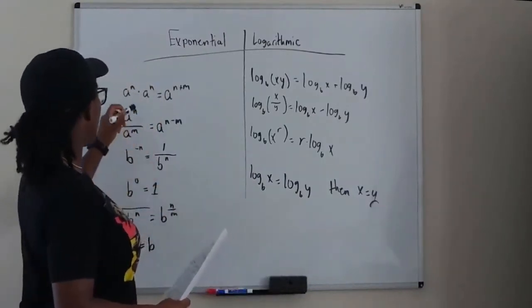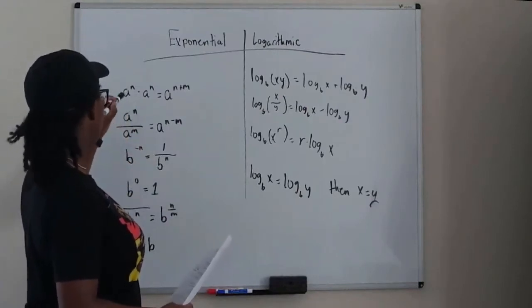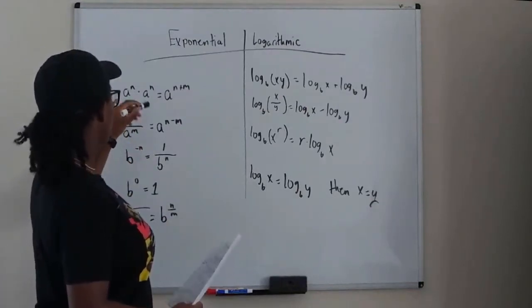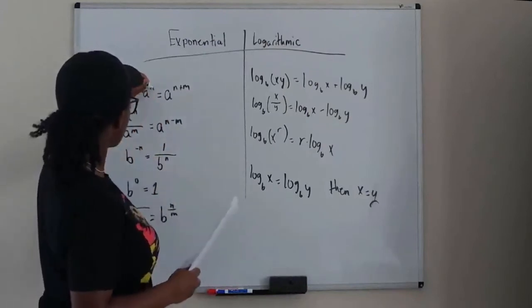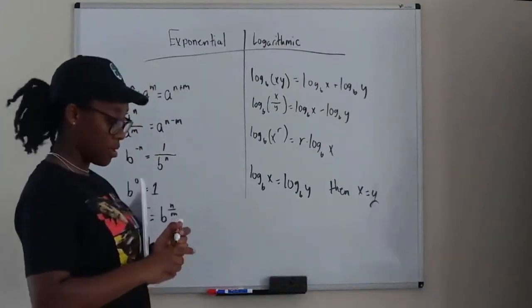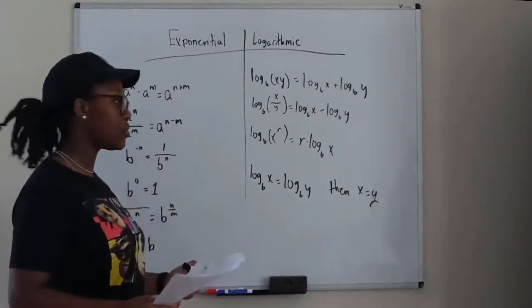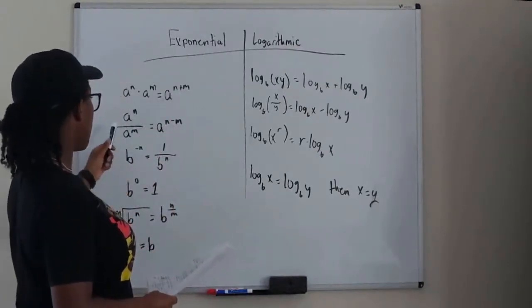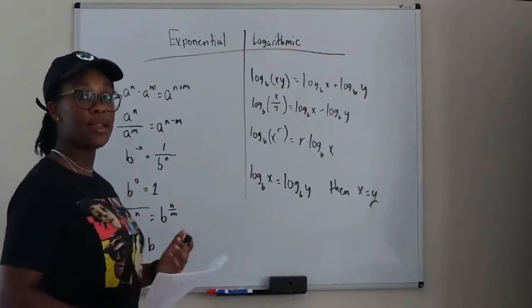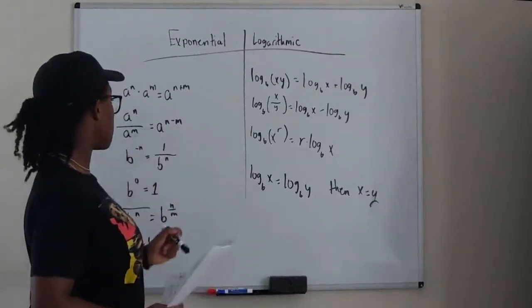Okay, so let's say you have a to the n times a to the m. If they have the same base, you can actually add the exponents, which is really helpful. Similarly, if you have a to the n divided by a to the m, you can subtract the exponents.